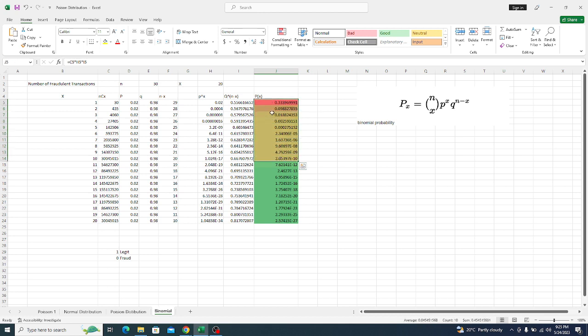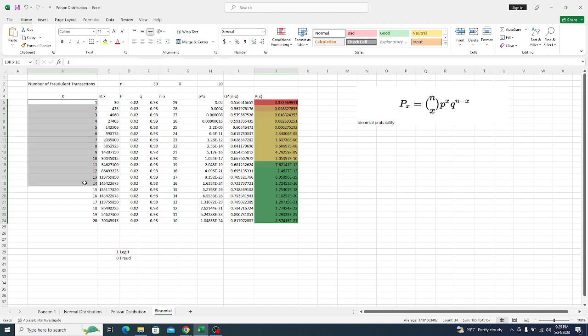They are looking good, because the probability of getting one fraudulent activity within 30 transactions, or 30 pack of transaction, will be high. And the more fraudulent activities you assume, the less the probability.